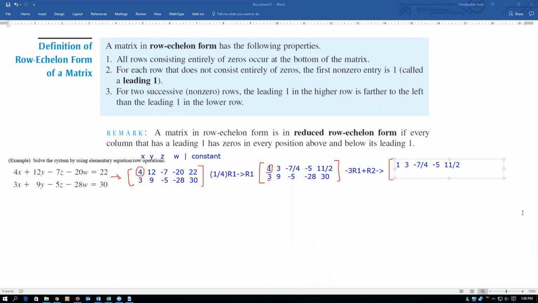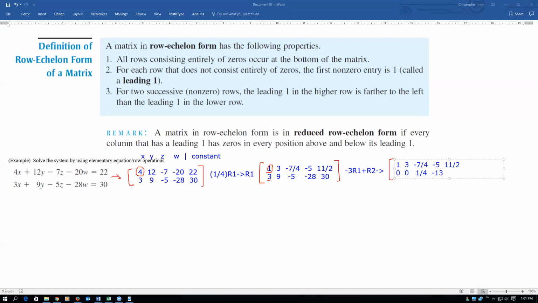-3 times 1 plus 3 is 0 by design. It turns out when you take -3 times 3 and add it to 9, you also get a 0. That might have been sort of unexpected. -3 times -7/4 is 21/4. 21/4 plus -5, that's -20/4, is 1/4. -5 times -3 is 15. 15 plus -28 is -13.